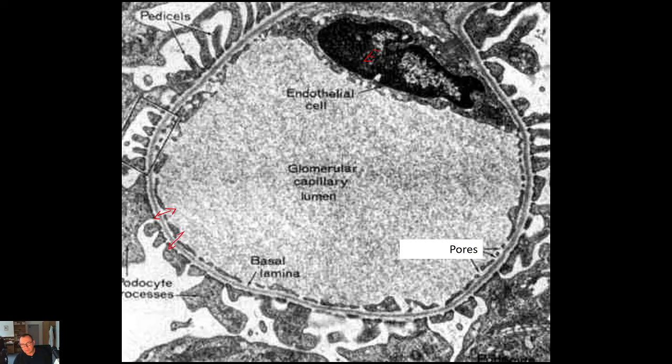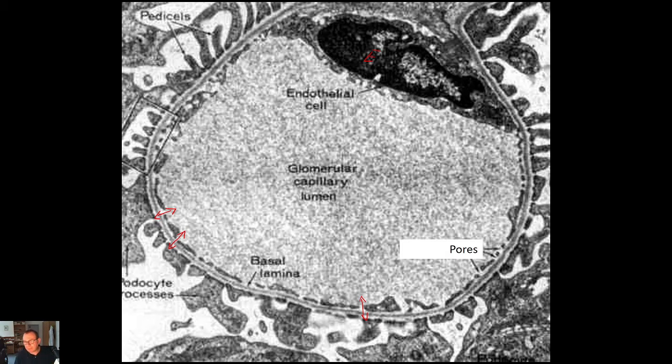hole. It isn't very high magnification, but I hope you'll believe me that these holes in the capillary wall are really free, that they are not bridged by any diaphragm or some membrane or something else.